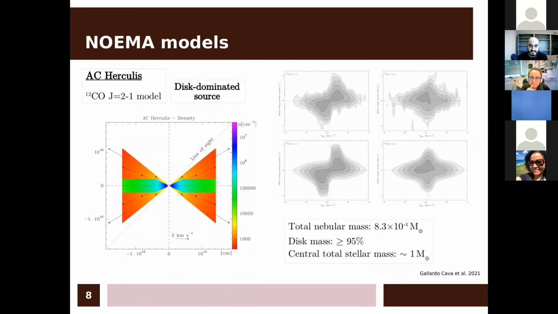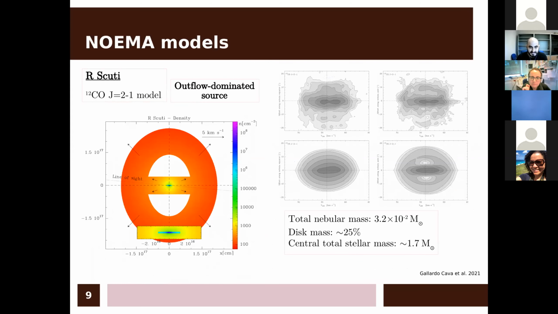In the cases of RS Cnc and 89 Hercules, I mentioned that part of the gas of the outflow comes directly from this wind, and part of the outflow could be of a different origin, maybe a remnant of the AGB.